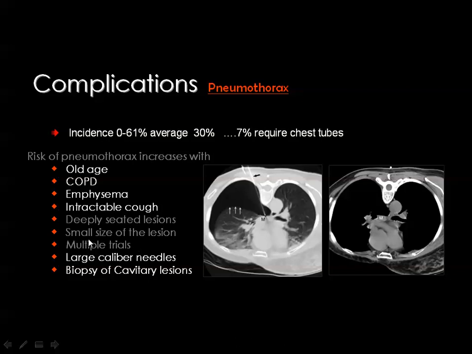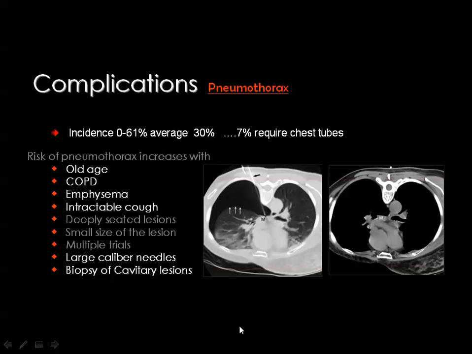If the lesion is small and you have done multiple trials to hit the lesion or to take an adequate biopsy, then the incidence of pneumothorax will increase. Also, if you select a needle of a large caliber, it will increase the incidence of pneumothorax.